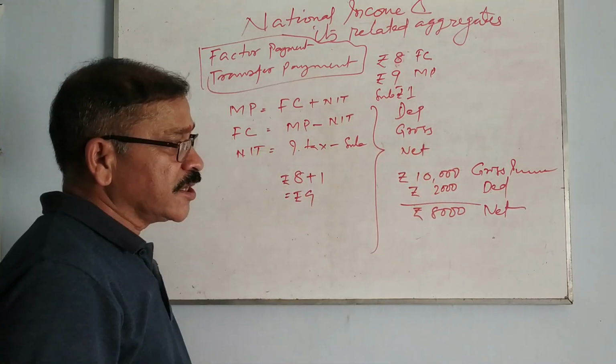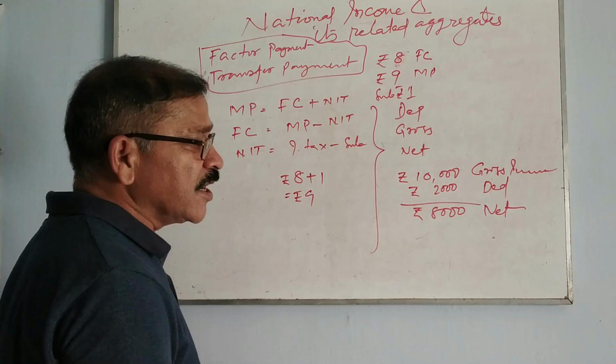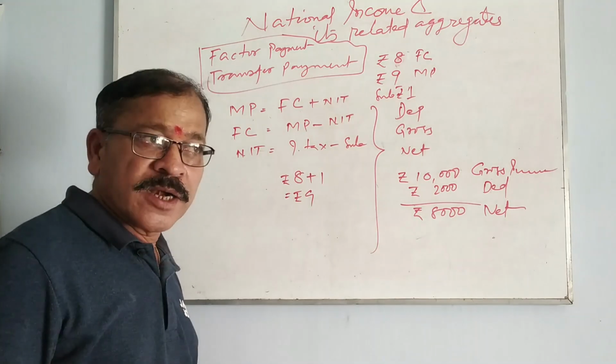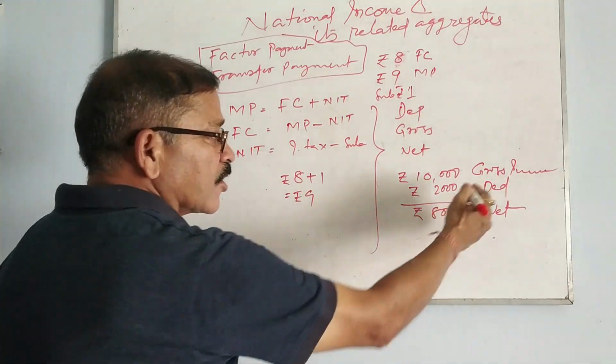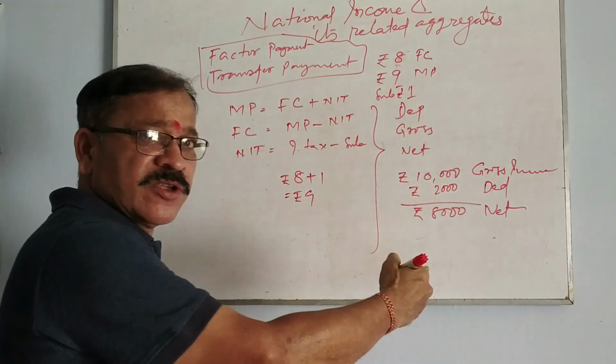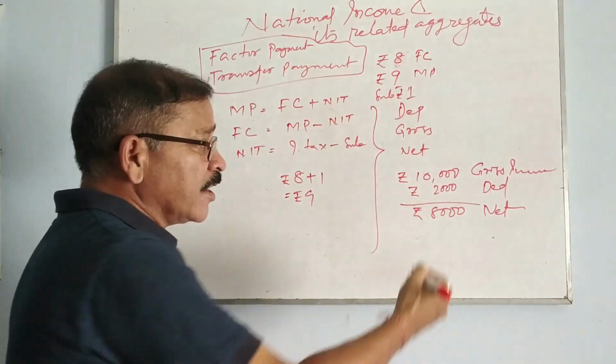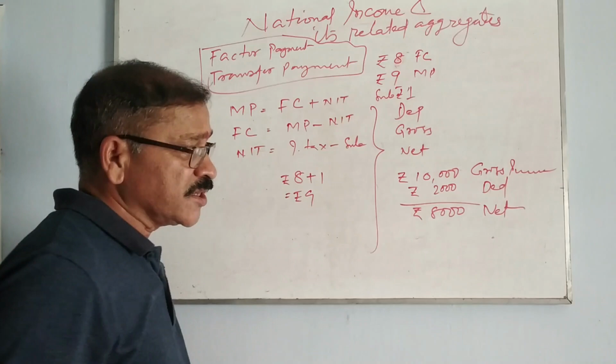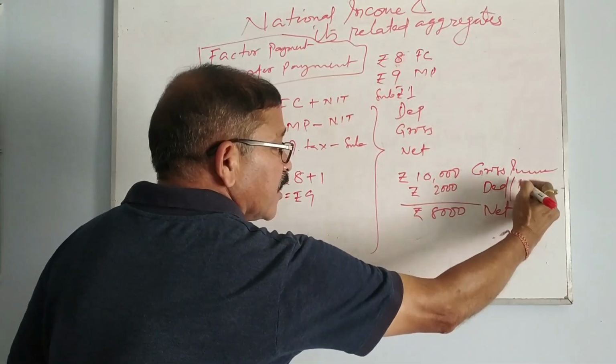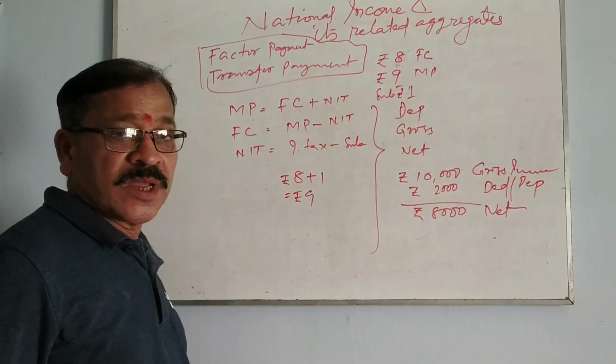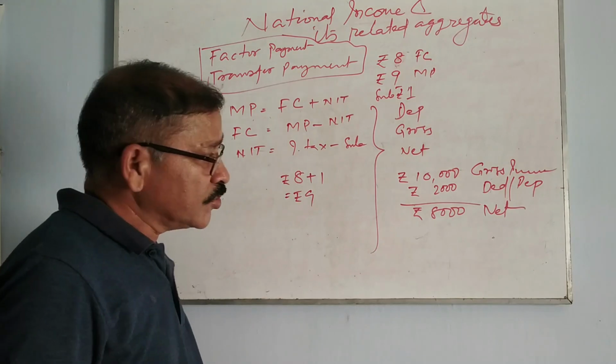His deductions is 2,000. Similarly, in a factory, gross investment is 10,000 rupees, and instead of deduction, here you can write depreciation. Depreciation is 2,000 rupees.